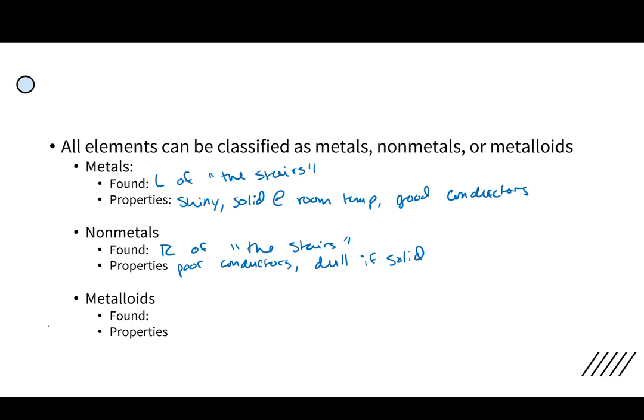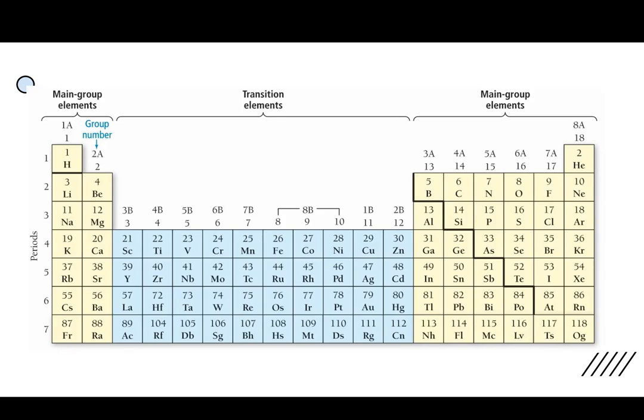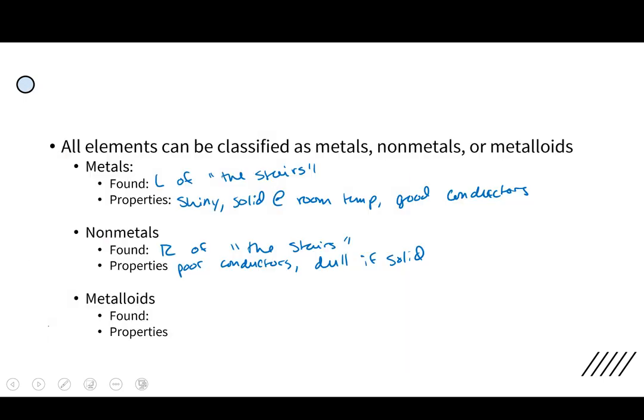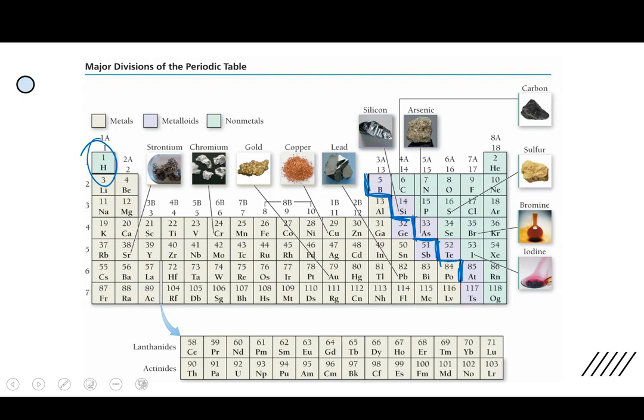And then metalloids are touching the stairs on either side, with the exception that aluminum is a metal. If we go back to this slide for one second, aluminum is right here, it is touching the stairs, but its properties place it firmly with the metals. Its properties do not match those of a metalloid, so aluminum is classified as a metal.